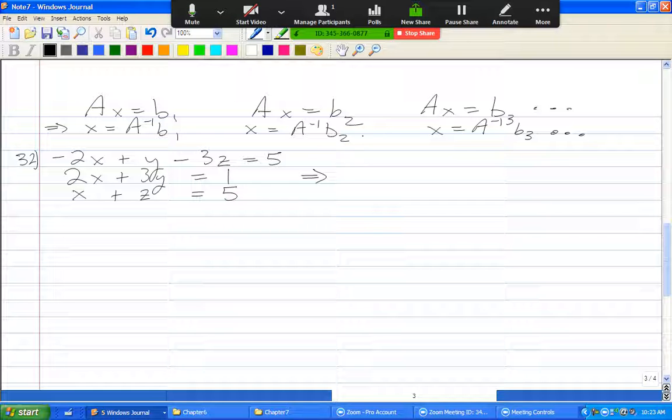Let's do x plus z equaling 5, just interchanging the first and third lines.